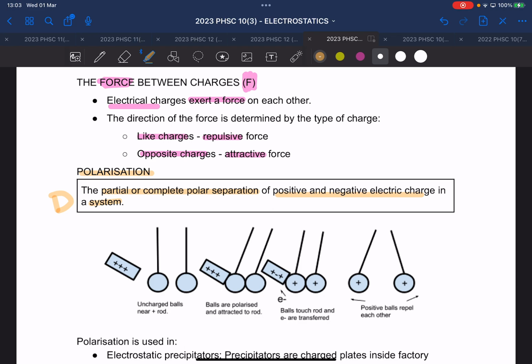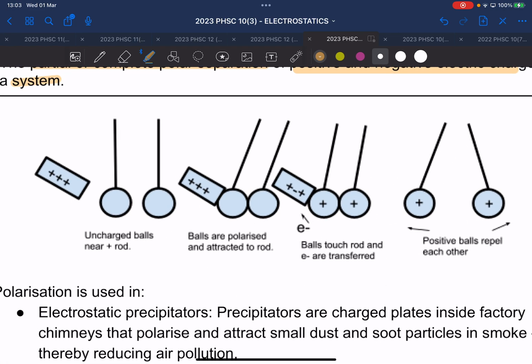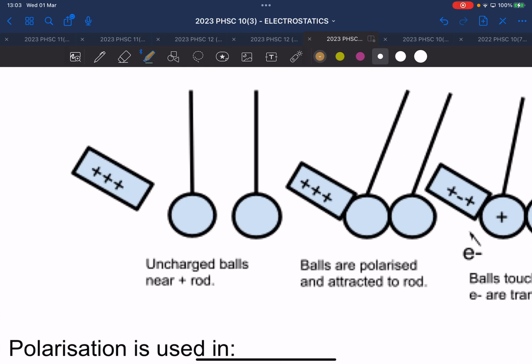Okay, so this is what I show here. Let's say we have two uncharged polystyrene balls. You bring a ruler closer, closer, closer. Why will it attract the balls? Because inside, let's say for each one we have a proton and an electron.